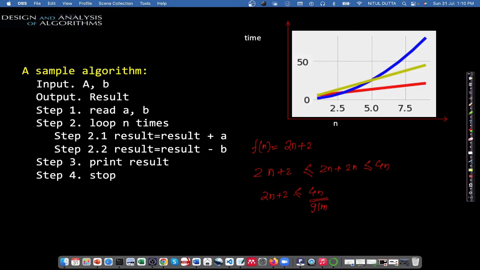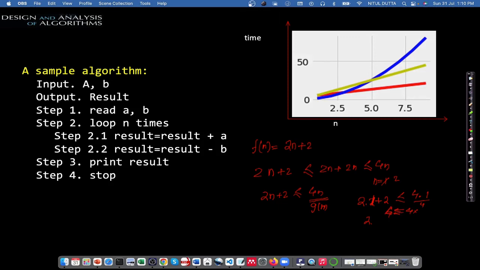Moreover, we can test it. For n equals 1, 2 into 1 plus 2 is 4, and less than or equal to 4 into 1, which is 4. Okay, 4 equals 4.